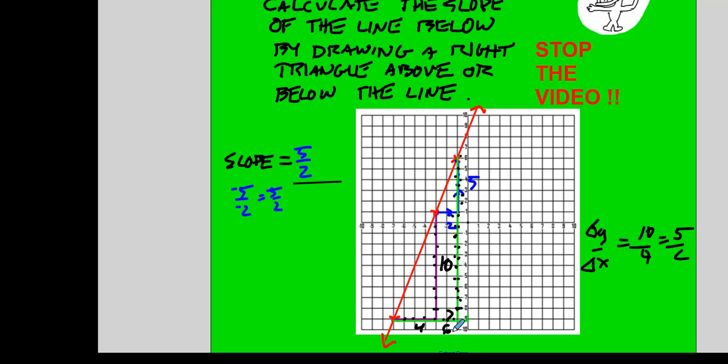Oh, that should be 6 over. Let me do this again. I'm sorry, because let's highlight this. So I'm going from here to here. Went too far there. Then I'm going up here. So that's actually 1, 2, 3, 4, 5, 6 horizontally. Then vertically, I'm going 1, 2, 3, up to 15. Well, 15 over 6, I can divide 3 into both of those. And that gives me 5 halves again. So any way you slice it or dice it, you're going to get a slope of 5 halves.